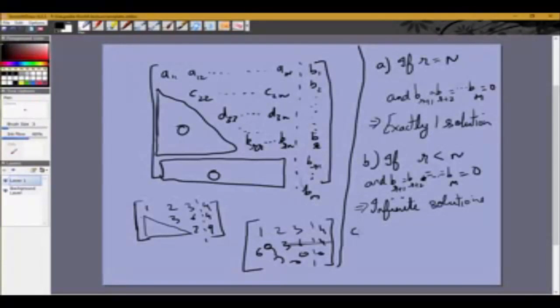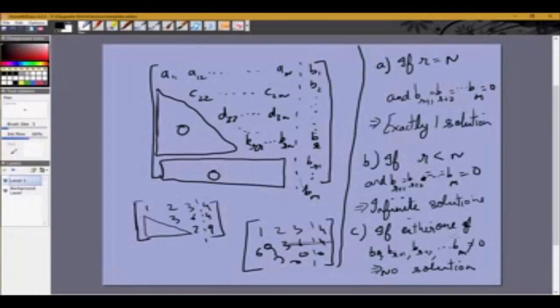Right. And the third case, if any one of BR plus 1, BR plus 2, BM is non-zero, then you have no solution.